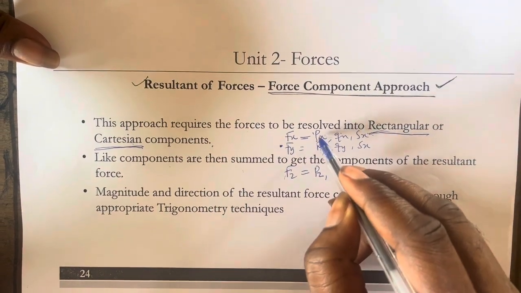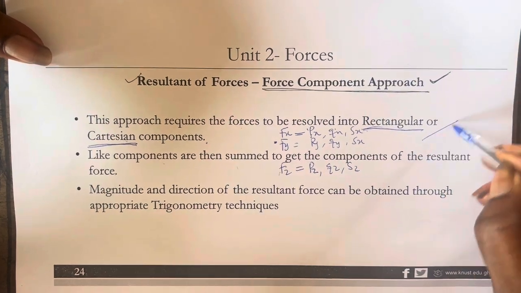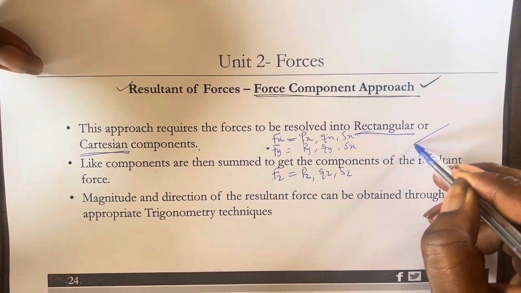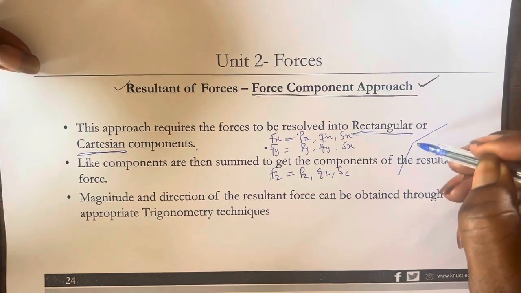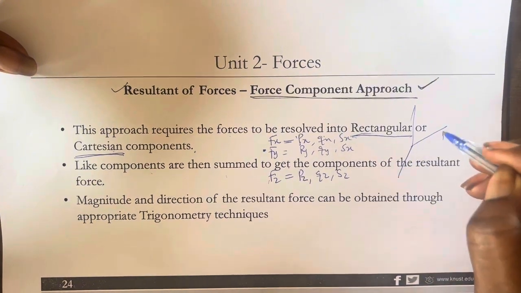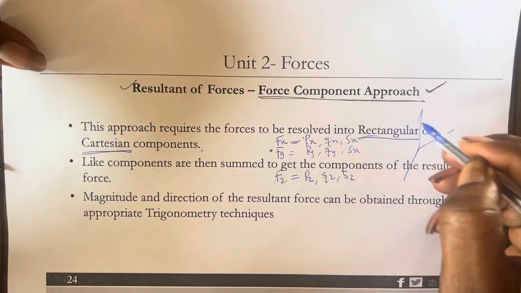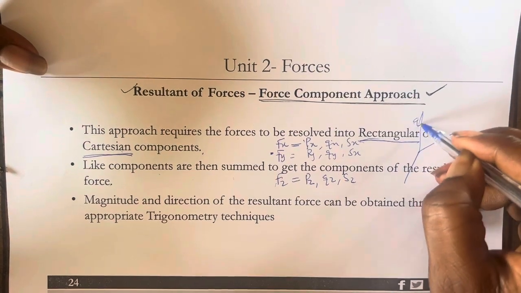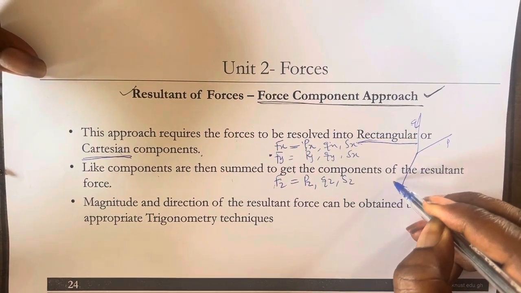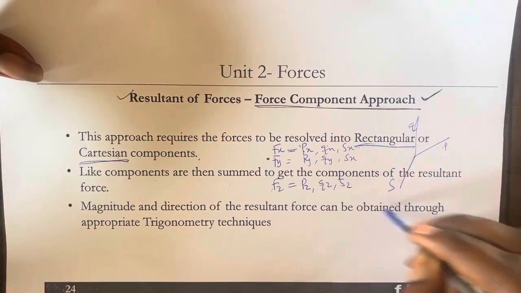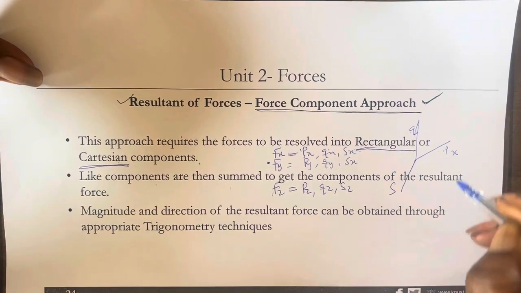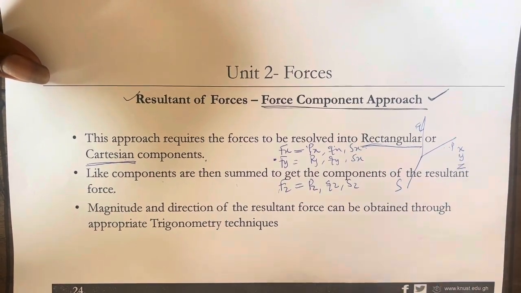So now, force P is acting on the body, force Q is also acting on the body, force S is also acting on the body. We resolve all these forces into their x component, their y component, and their z component.